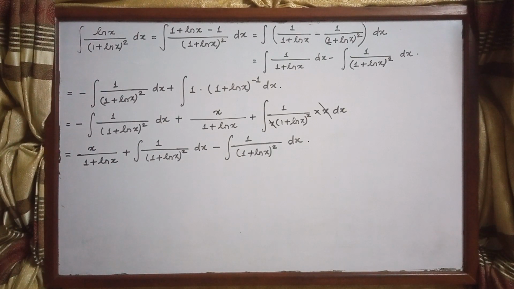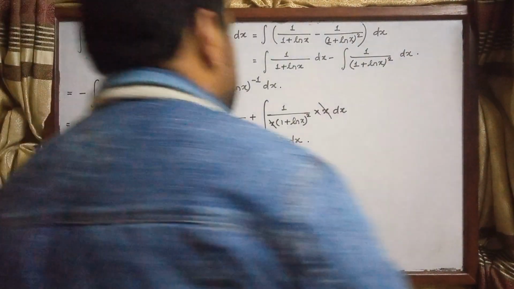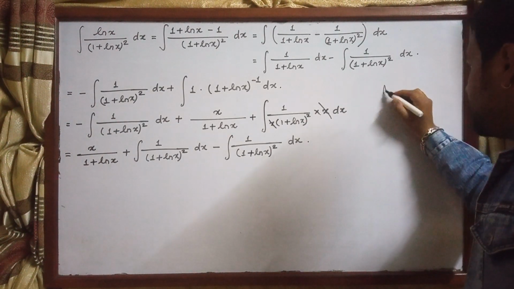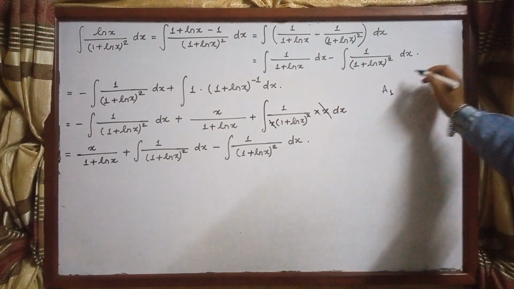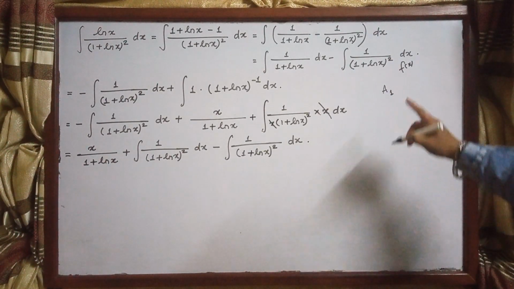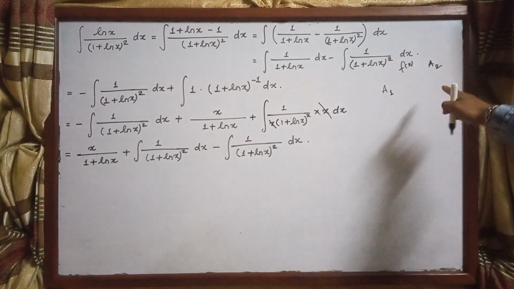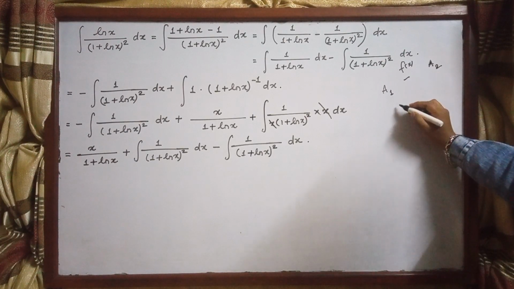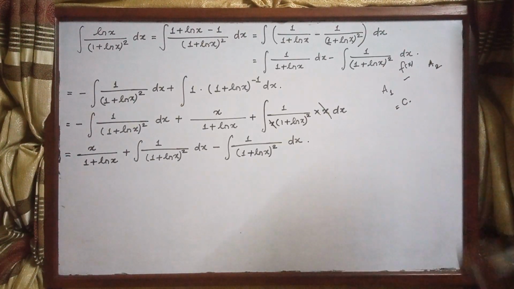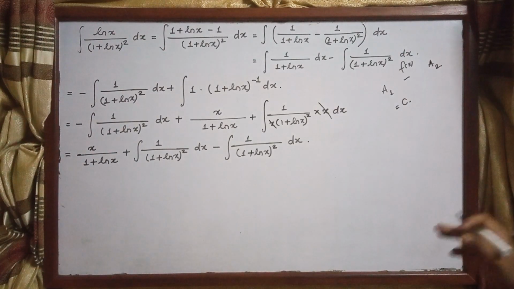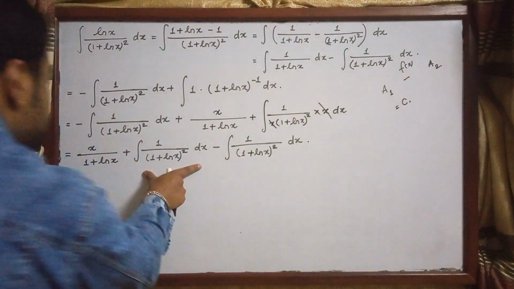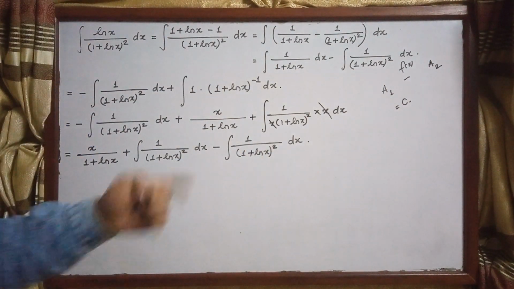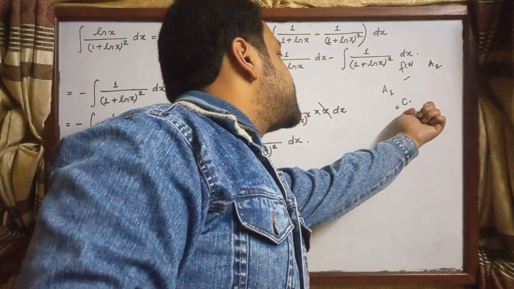So the two antiderivatives of the same function: if A1 is an antiderivative of the function f(x), and A2 is also an antiderivative of the same function f(x), then the difference between them is some constant, let's say c. So these two will cancel out, but what we're going to get is some constant c out of them.